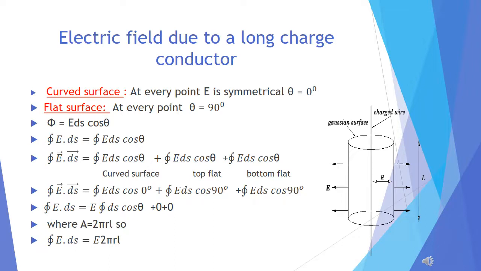Now we divide this closed integral into three parts: closed integral E dS cos 0 degrees for the curved surface, plus closed integral E dS cos 90 degrees for the top flat surface, plus closed integral E dS cos 90 degrees for the bottom flat surface. And we know that cos 90 is 0, so the closed integral for the top and bottom flat surfaces is 0. We are only left with the curved surface.